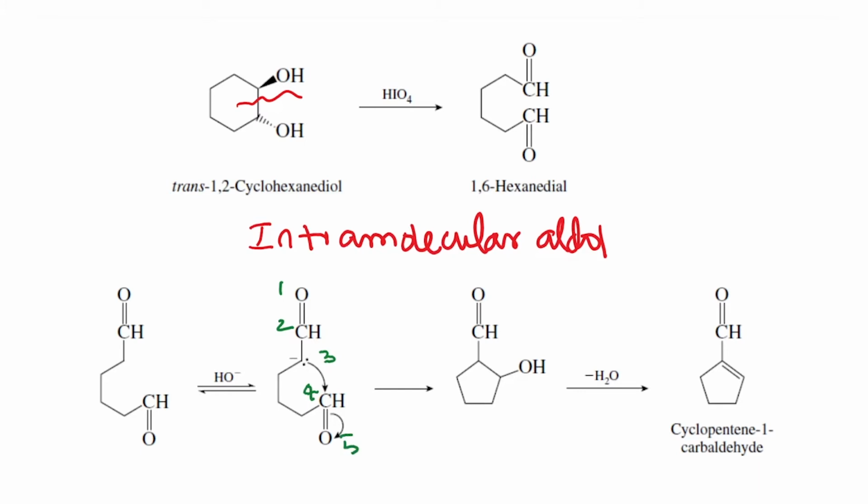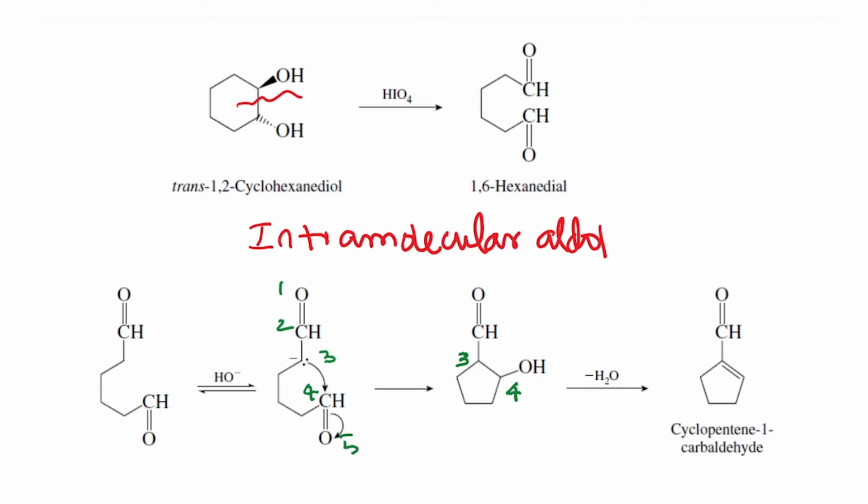This is the numbering that we followed in the previous examples that we have used for aldol. And so there is a bond between carbon 3 and carbon 4. And just to understand the size of the ring, you'll have 1, 2, 3, 4, 5. So you form a 5-membered ring over here, and then the rest of the chemistry is the same.